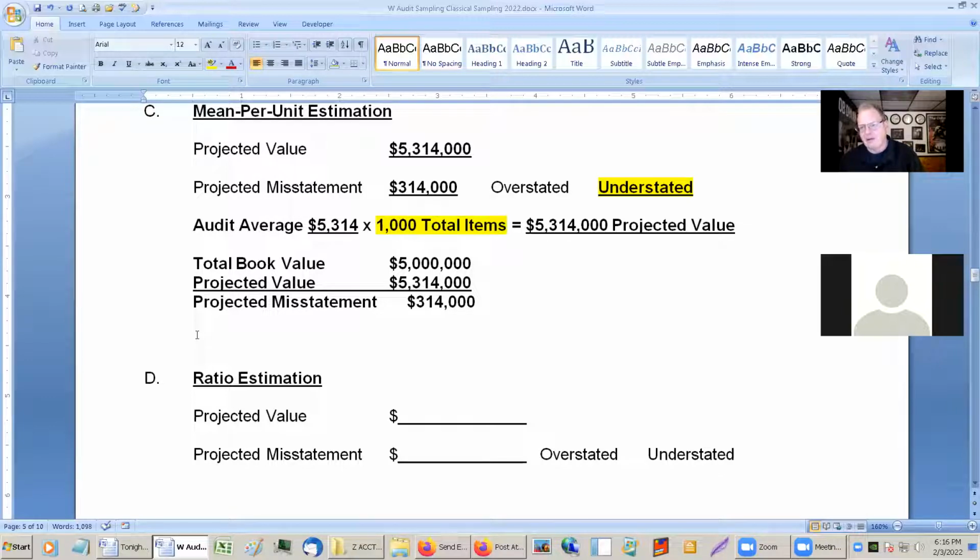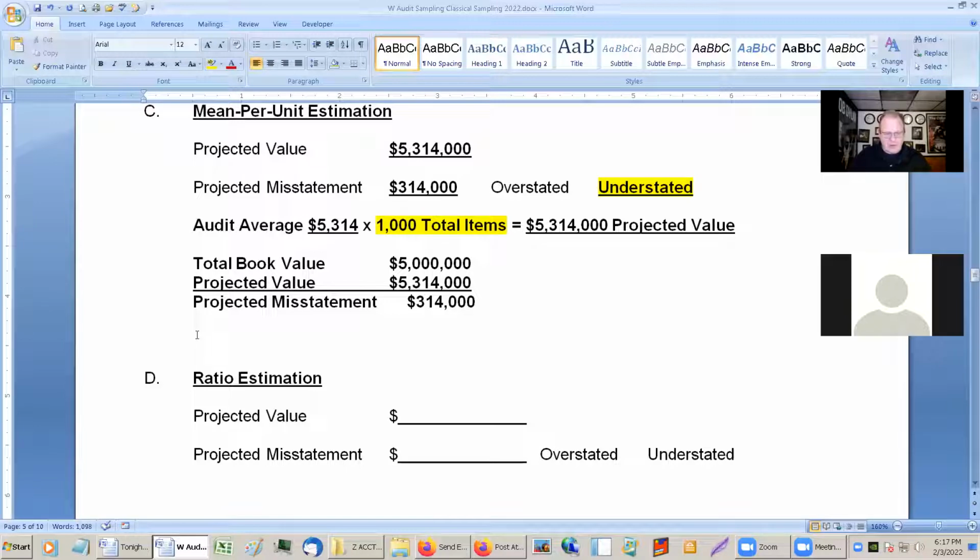However, if you have a $50,000 account, being off by $900 probably isn't all that unusual. It wouldn't be out of the question. So small accounts probably have smaller errors, larger accounts have larger errors. That's the whole idea behind ratio estimation.